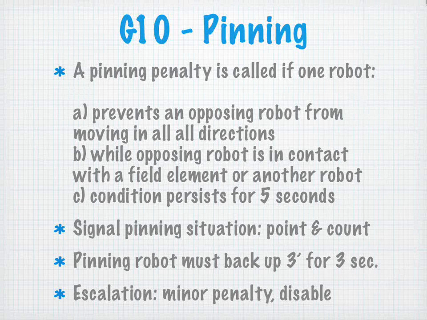I have a comment from Kathy. The issue is that preventing a robot from moving forward is not pinning if it can still move backward. That's the whole locked in all directions. I see. So Kathy observes that stopping a robot from moving forward doesn't count as pinning. You have to stop it from moving both forward and back.